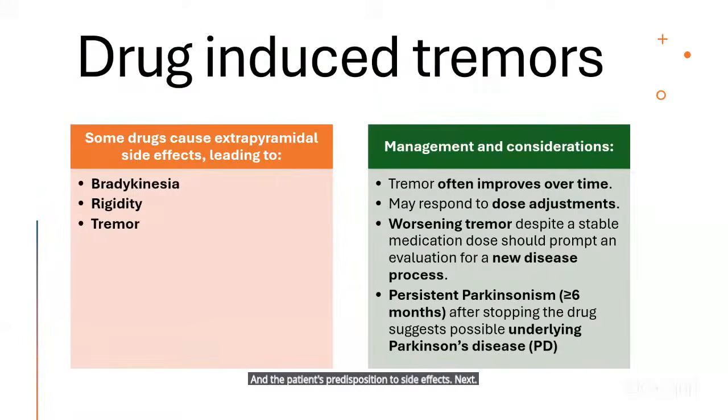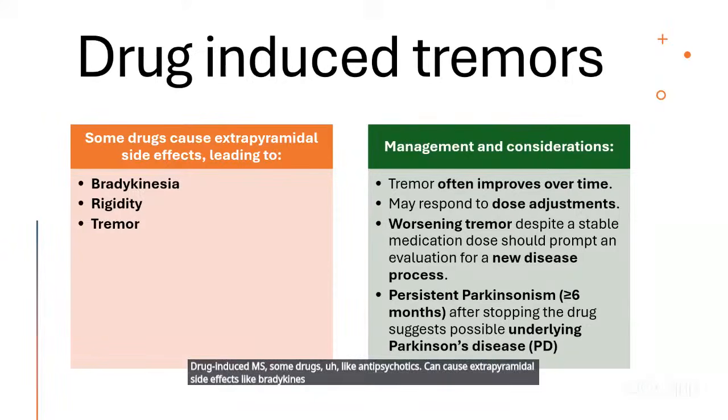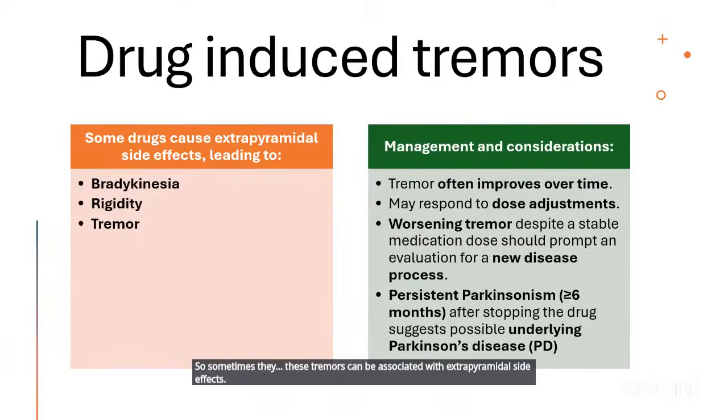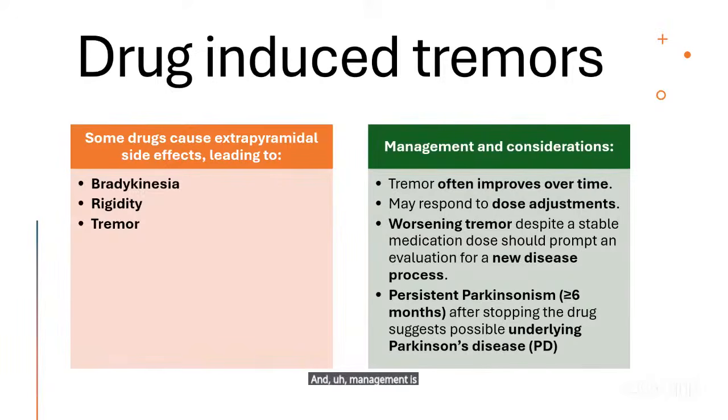Next. Drug induced tremors. Some drugs like antipsychotics can cause extrapyramidal side effects like bradykinesia, rigidity, tremors. So sometimes these tremors can be associated with extrapyramidal side effects. And management: tremor often improves with time and may respond to dose adjustments.